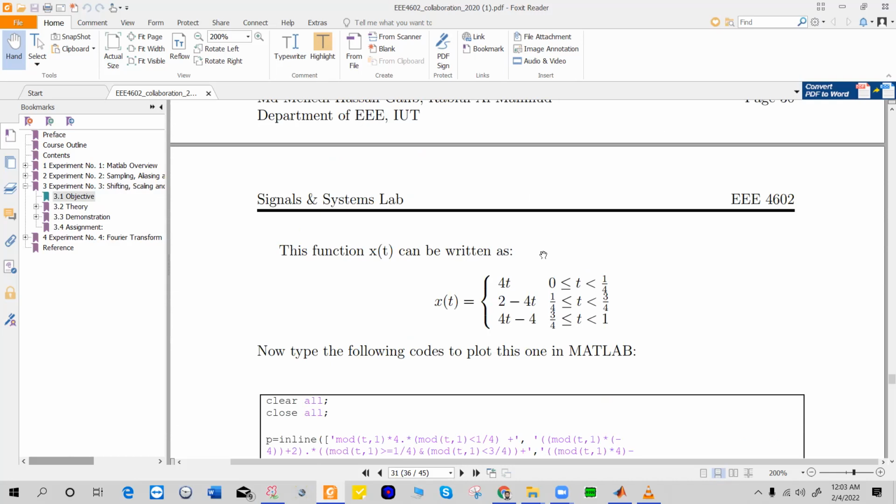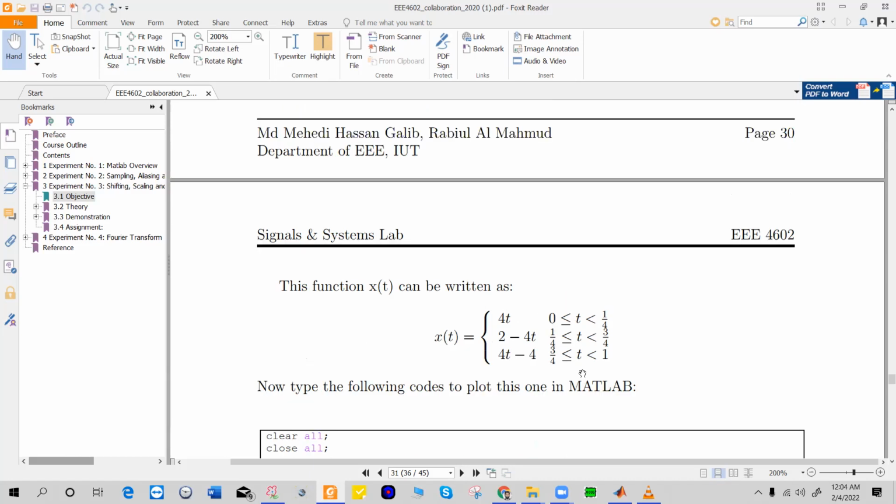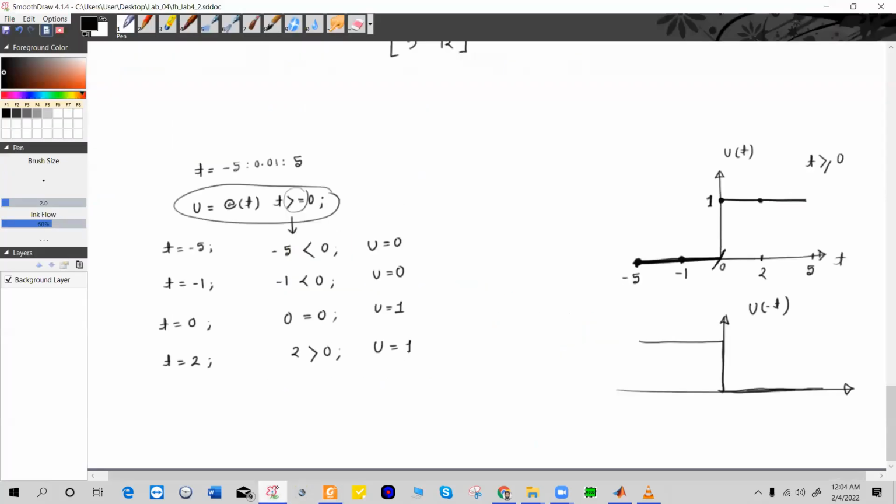So we have been given the equation, and we are supposed to plot this in MATLAB. It should be very simple, right? Why am I giving that much emphasis? Let's move to the discussion, then it will be easier to understand.